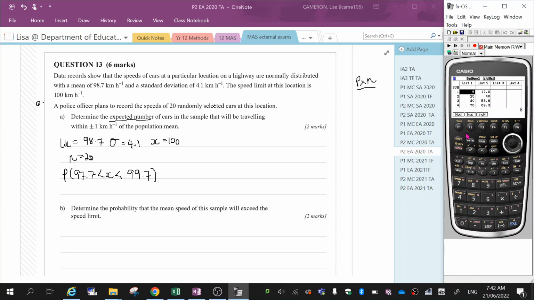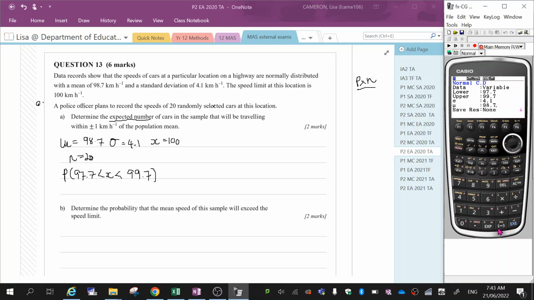So normal distribution, because we've assumed it's normally distributed, NCD, because we're looking for probability. My lower is going to be 97.7. My upper is going to be 99.7. My standard deviation is going to be 4.1. And my mean is going to be 98.7.